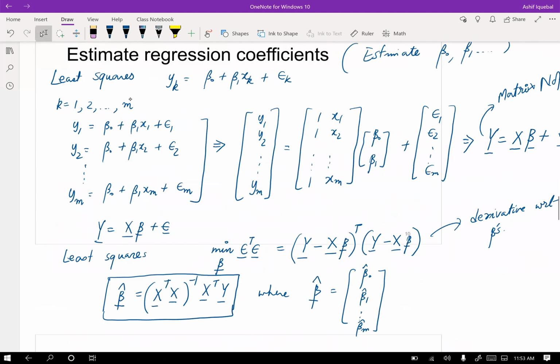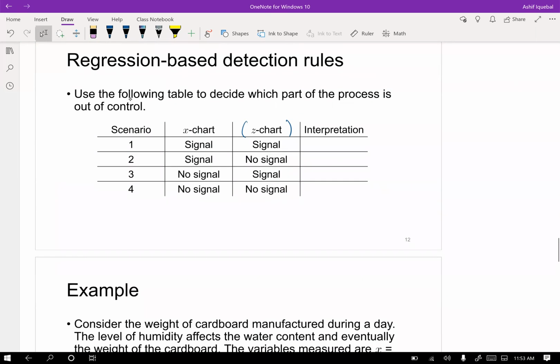So now let's go to this table. Now you have 2 control charts. You have an X chart and you have a Z chart. X chart is for inputs, and this is for the system.